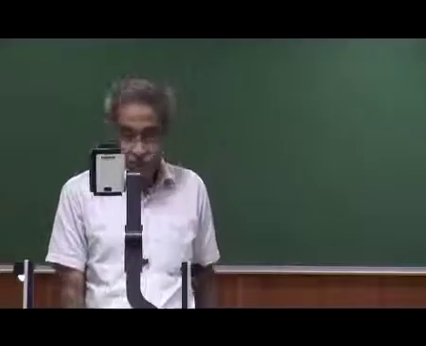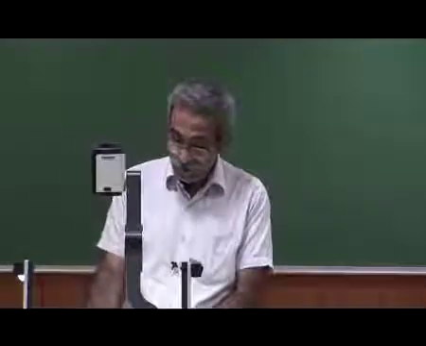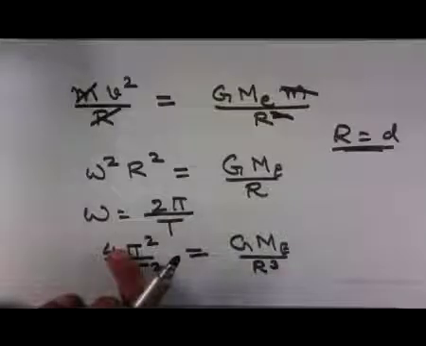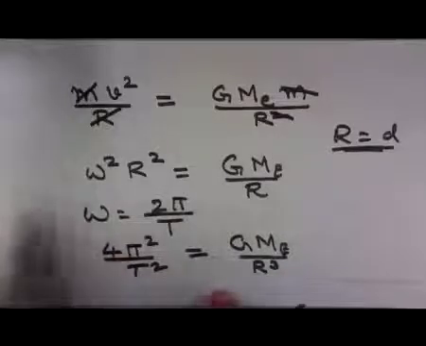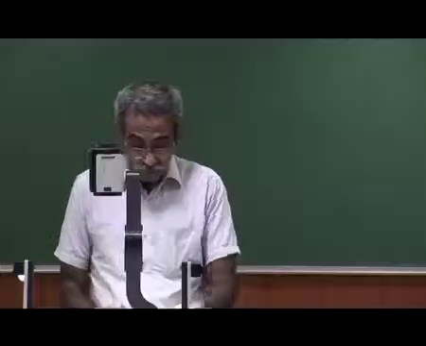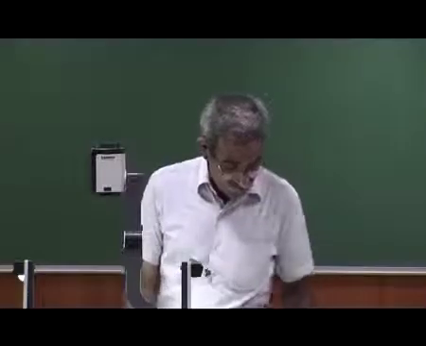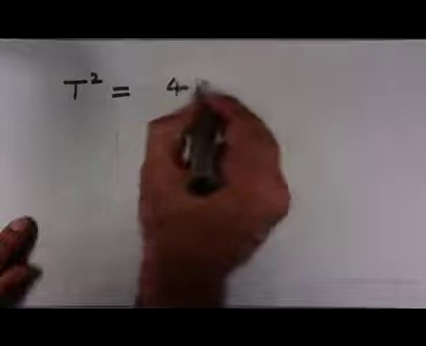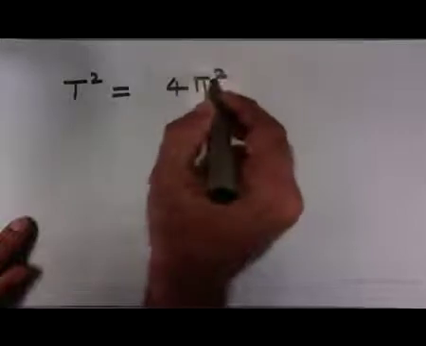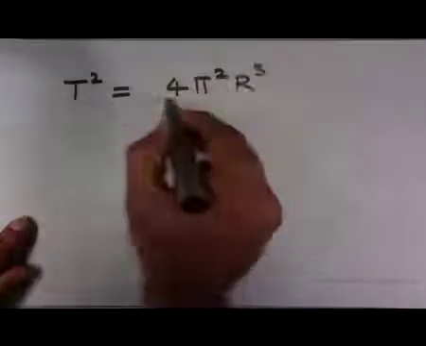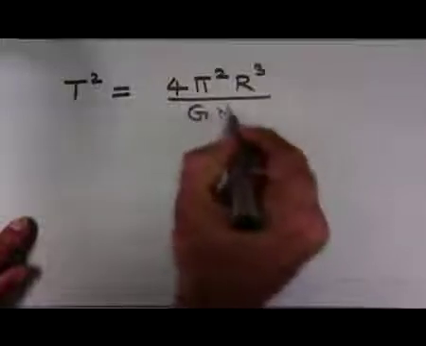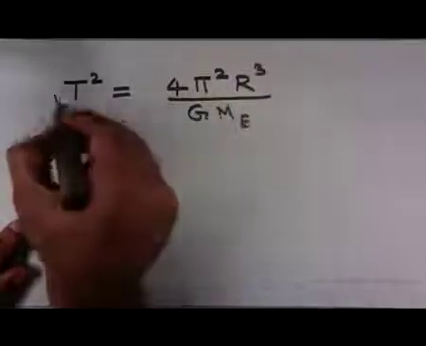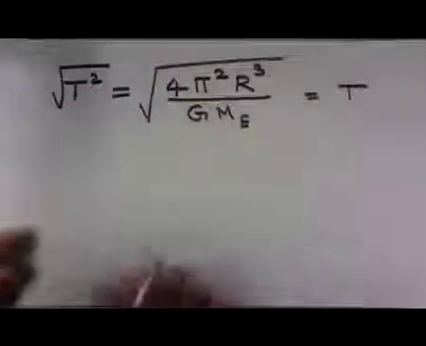You see T squared by r cubed is a constant, 4 pi squared over G Me. So if I were to write the expression for T, my T squared is essentially 4 pi squared r cubed over G times the mass of the Earth. So I do the square root, and I get the period.